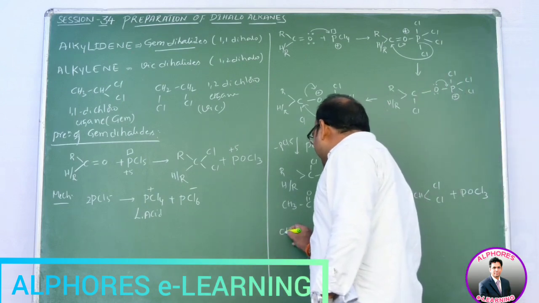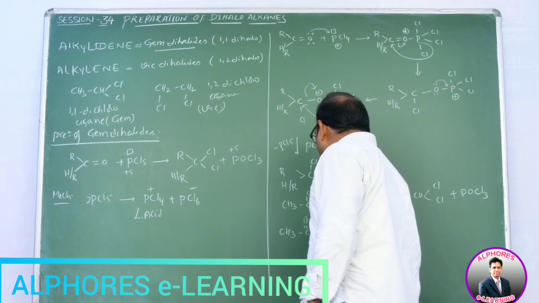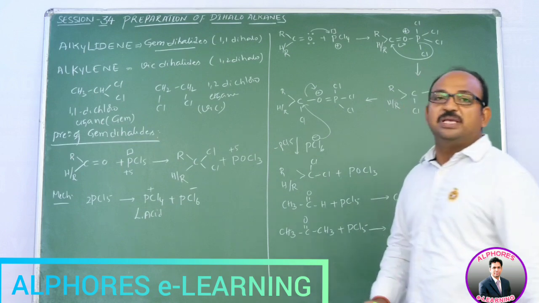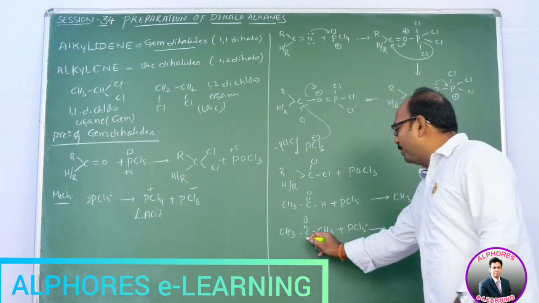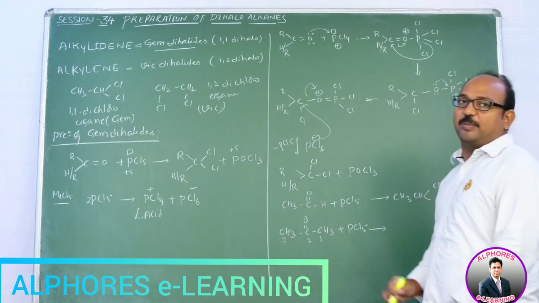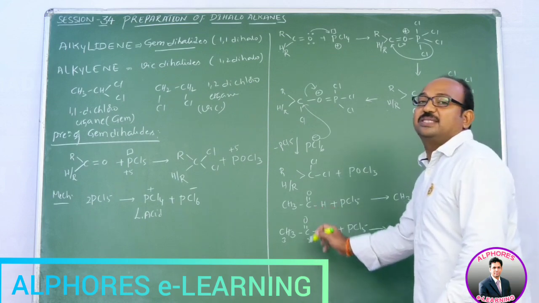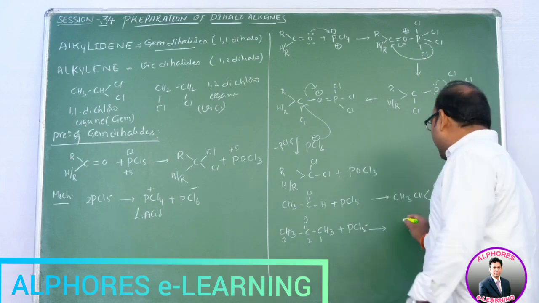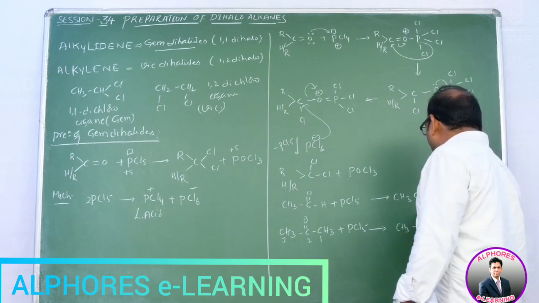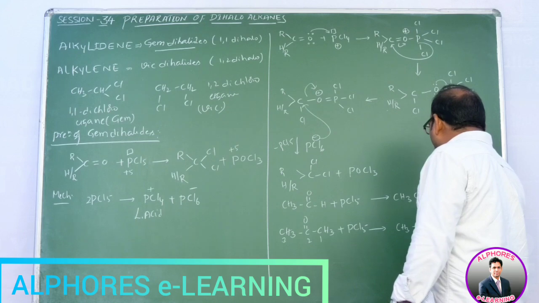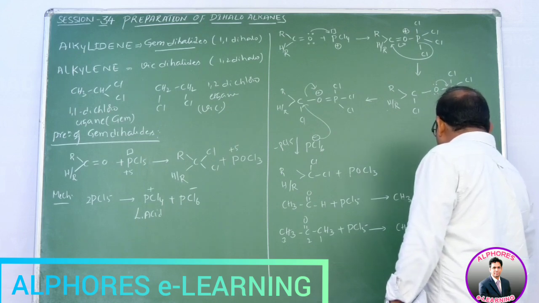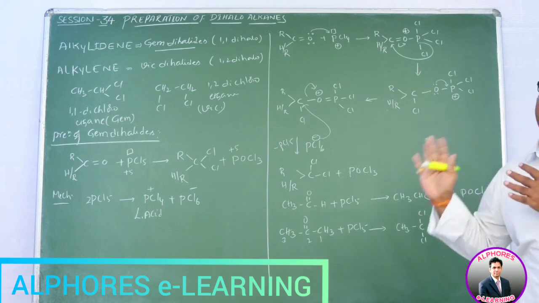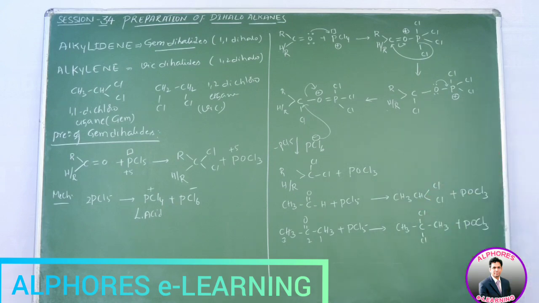Now, if you are considering a ketone as reactant, meaning acetone, upon treatment with PCl5, here the C double bond O group is attached to the second carbon, right? So since the second carbon is C double bond O, that double bond O will be replaced by 2 chlorine atoms. Then what we are getting? 2,2-dichloropropane along with POCl3. This is one method of preparation of gem dihalides.